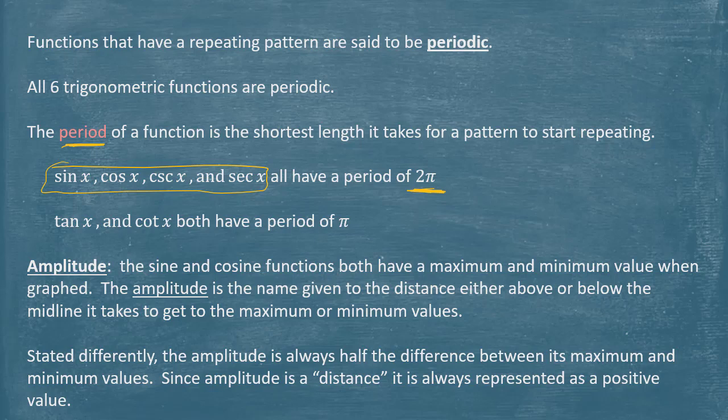Tangent and cotangent, on the other hand, only take half as long, so they only take pi or 180 degrees to rotate through all of their values before they start repeating.